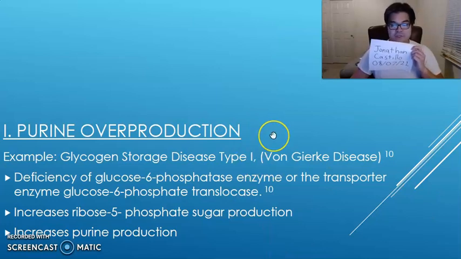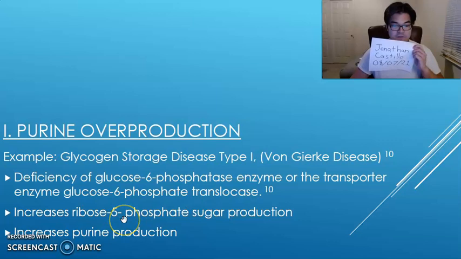Overproduction of these purines usually occurs due to a deficiency in an enzyme involved in purine metabolism. An example of overproduction of purines would be glycogen storage disease type 1, also known as von Gierke disease, in which glucose 6-phosphatase or the transporter enzyme glucose 6-phosphate translocase is deficient.